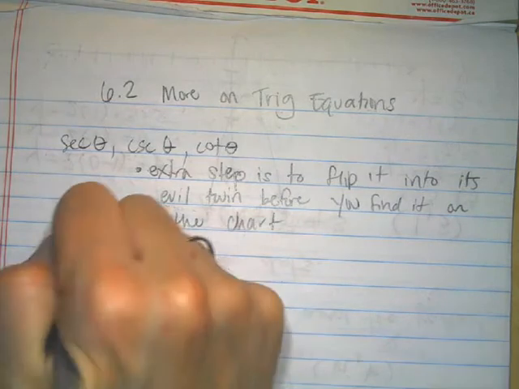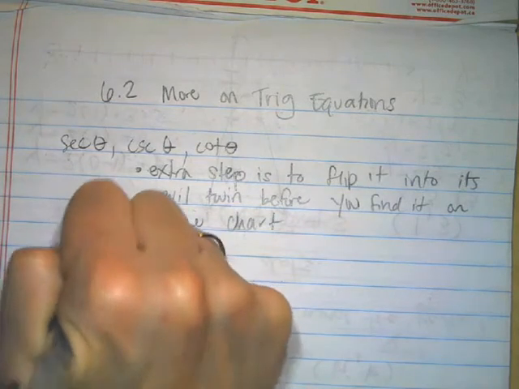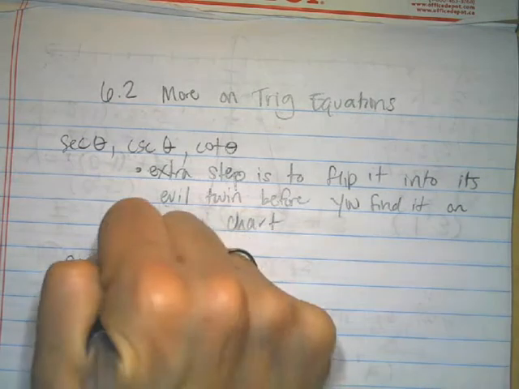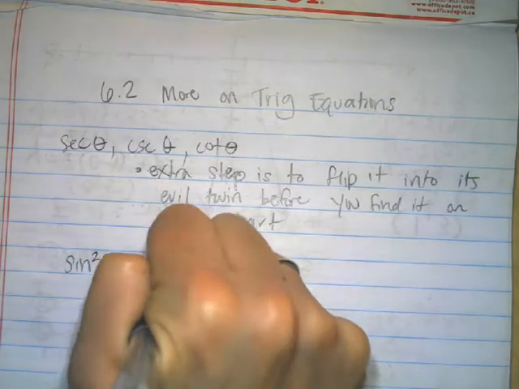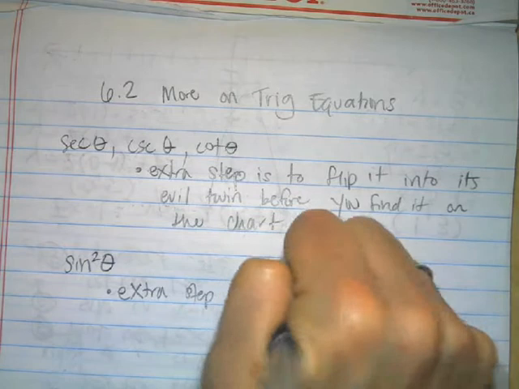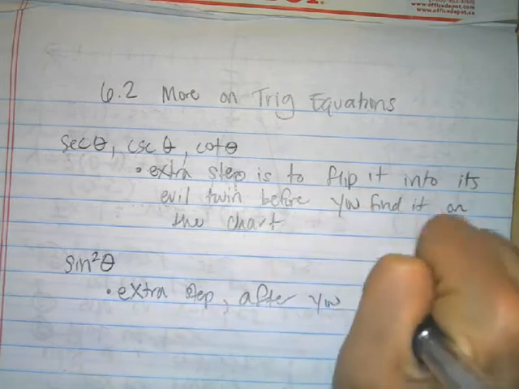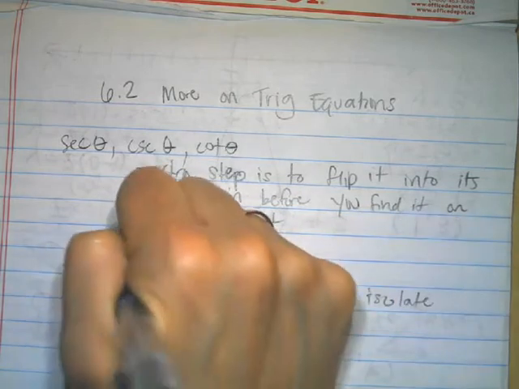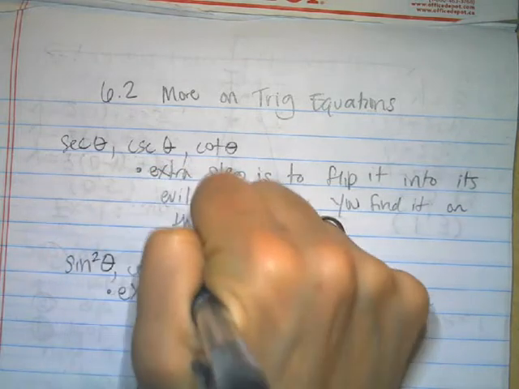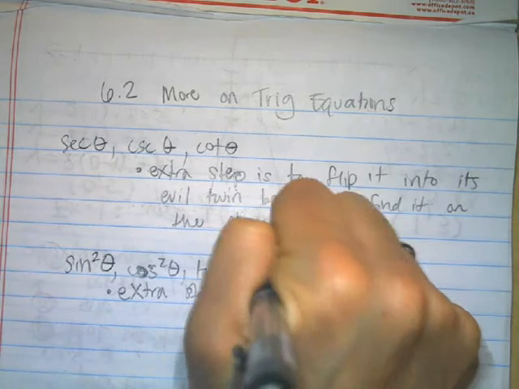Okay, and the other thing we're going to deal with is things like sine squared theta. So the extra step here is, after you isolate sine squared, cosine squared, tangent squared, etc. You should be able to do the other ones.